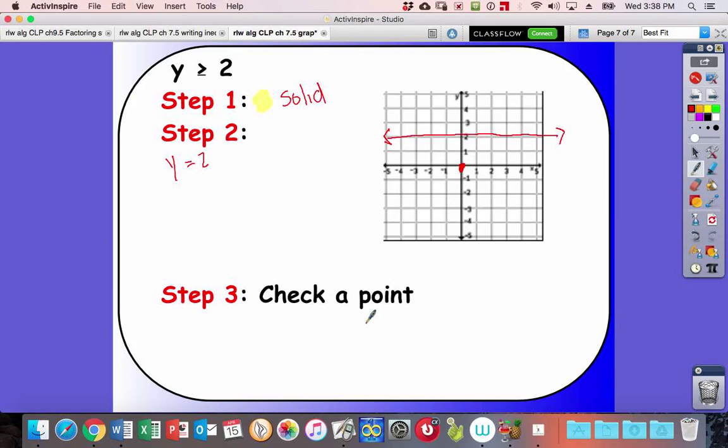Now I don't have to put it in for x, but if I put a 0 in for y, is 0 greater than or equal to 2? Not true. So I know that I'm going to shade everything above the line. And if I picked any point up here in the shaded area, it would make it true. Okay, I think that's the last.